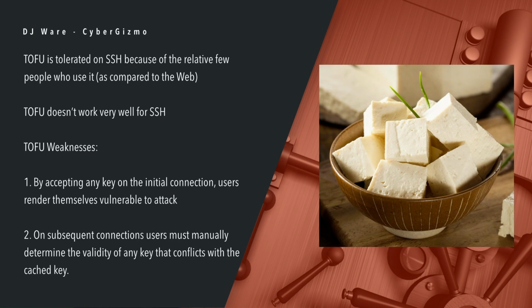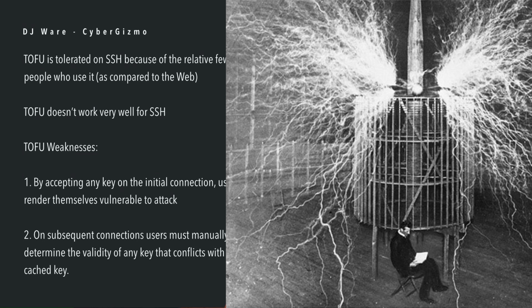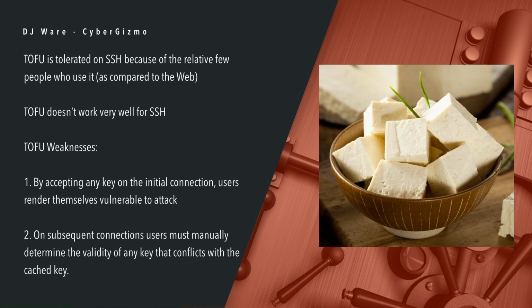So guess which way a user is probably going to answer that question the majority of the time: yeah, I'll accept the connection. So if the key were tainted or replaced, then that user would now be vulnerable to attack, because that person on that server would be able to see the unencrypted traffic that was coming from that user. So yeah, not a good thing.